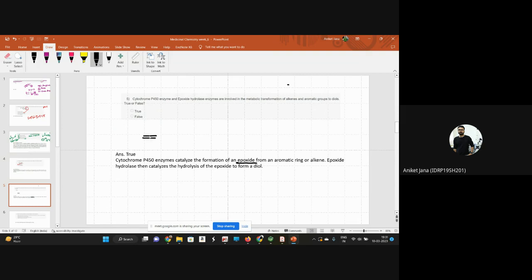Okay, so when some alkene is there, then with the help of this enzyme cytochrome P450, this is epoxide.